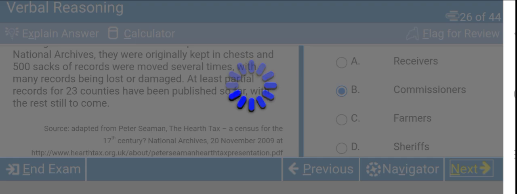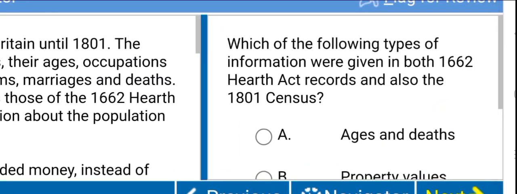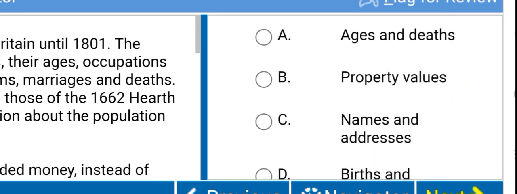Next question, that is question number 27, is which of the following types of information were given in both 1662 Herd Act records and also the 1801 census? Option A, ages and deaths.